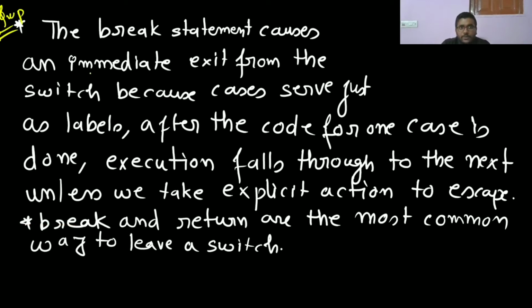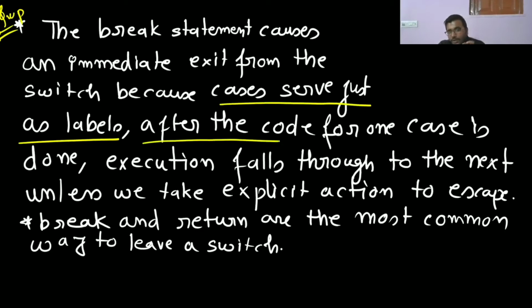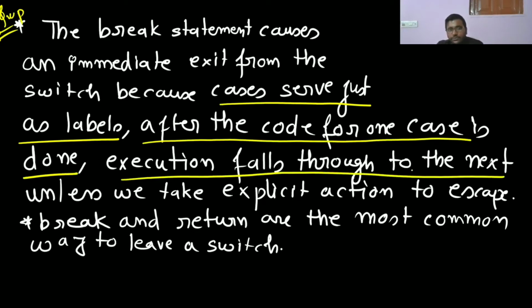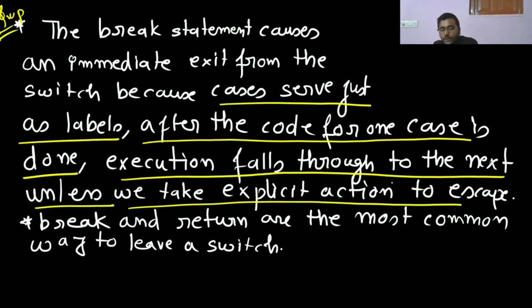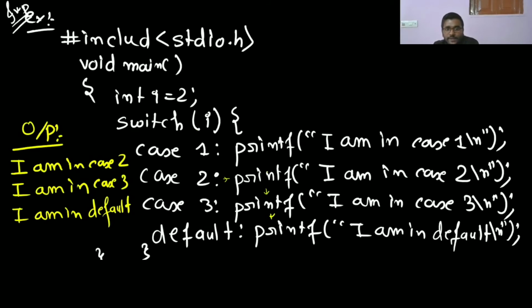The break statement causes an immediate exit from the switch because cases serve just as a label. After the code for one case is done, meaning if it is satisfied, execution falls to the next unless we take explicit action to escape. If you are not giving a break, it will go to the next.